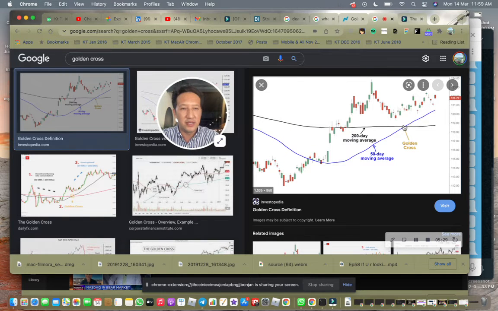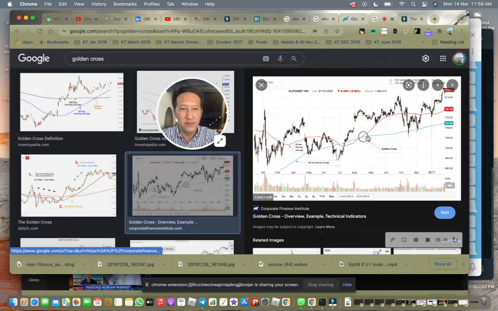See, the golden cross is here. Usually there's a very flat 200-day, you see a low 50-day moving average, and as it passes here, the future prediction would be an uptrend. You can see here as well, the golden cross is here.